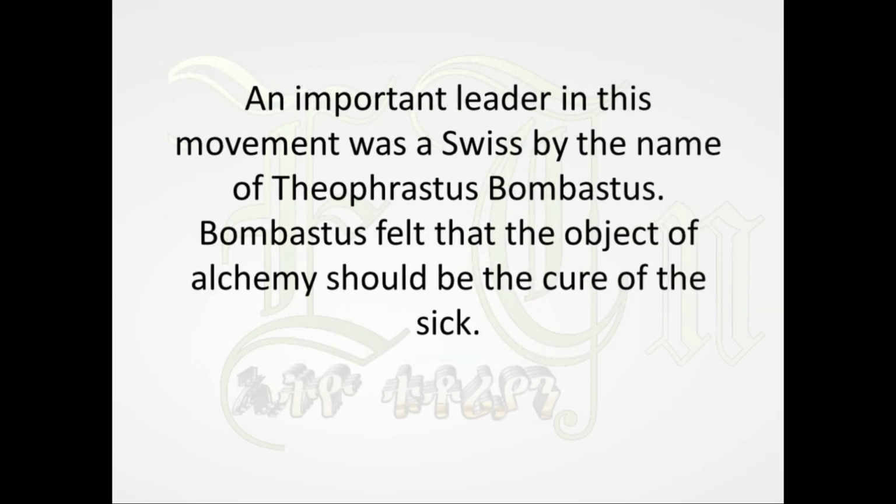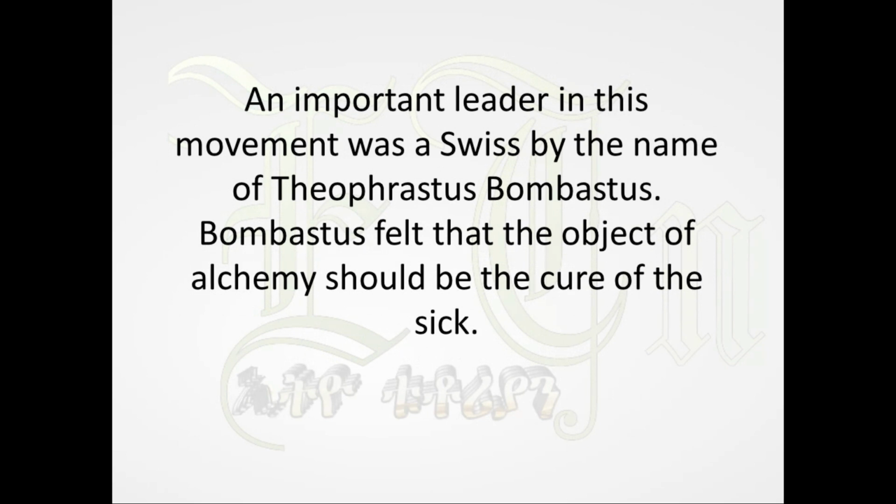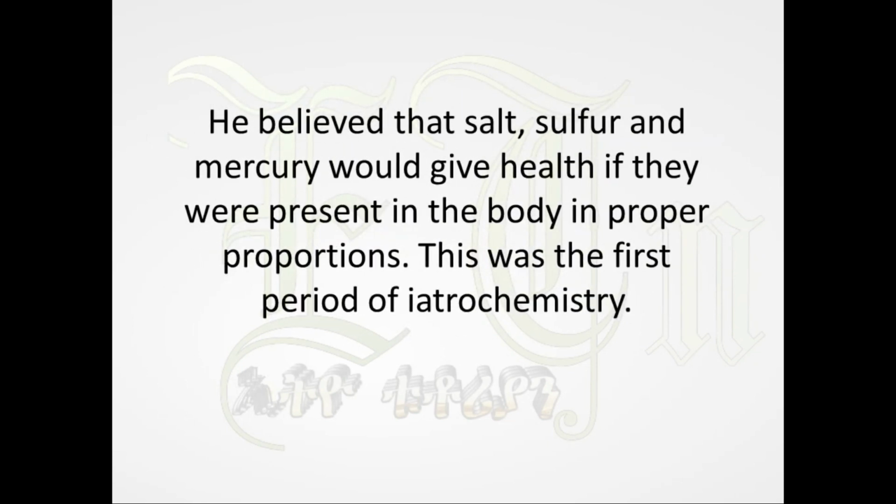An important leader in this movement was a Swiss by the name of Theophrastus Bombastus. Bombastus felt that the object of alchemy should be the cure of the sick. He believed that salt, sulfur, and mercury would give health if they were present in the body in proper proportions. This was the first period of iatrochemistry.